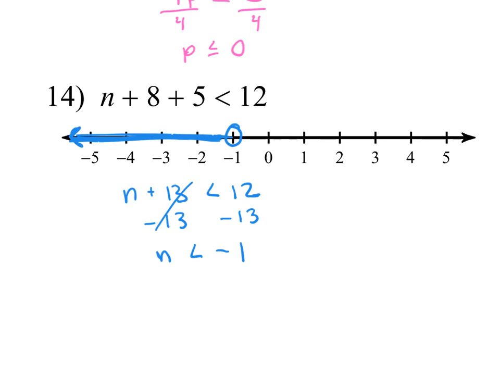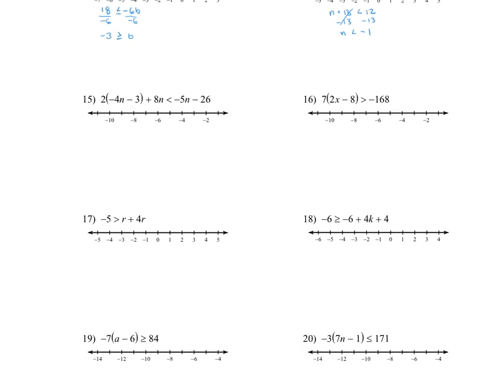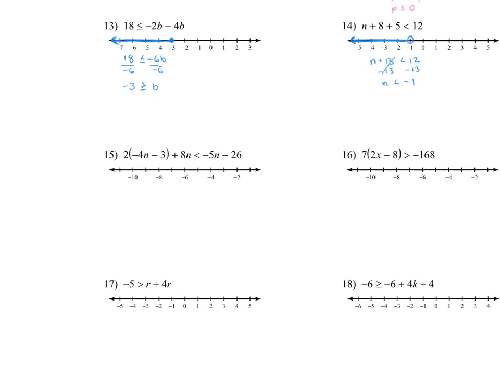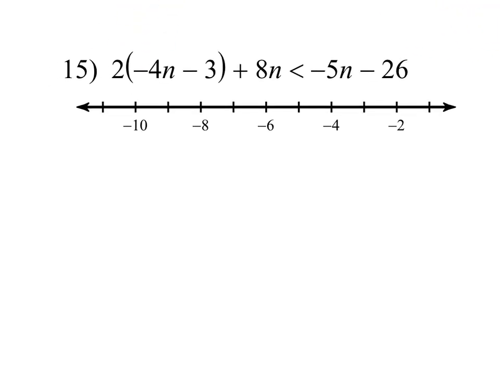All right. Let's look at 15. What should we do first? Distribute. So we have 2 times -4n, which is -8n. 2 times -3 is -6.